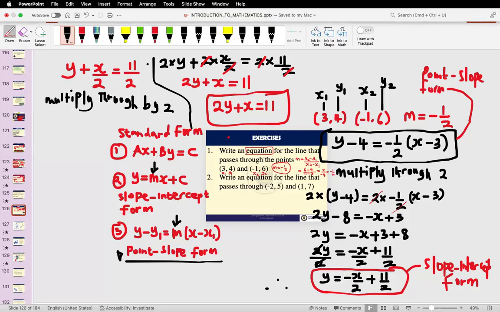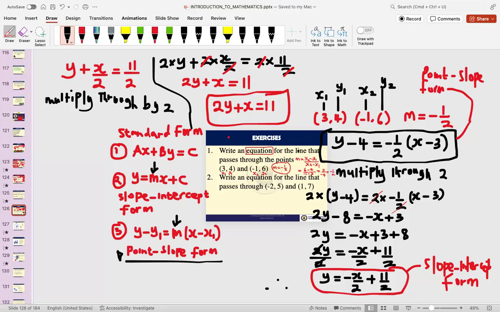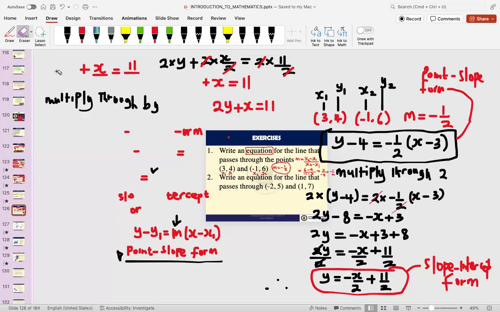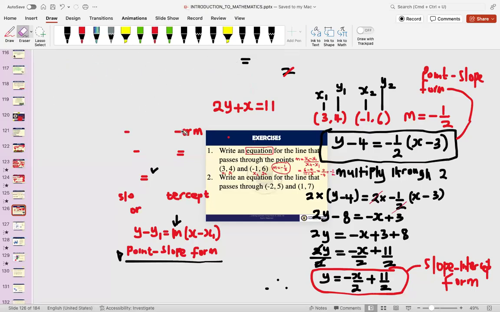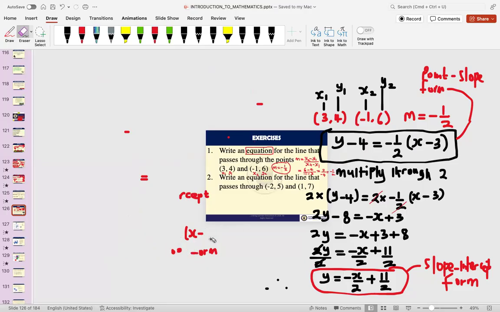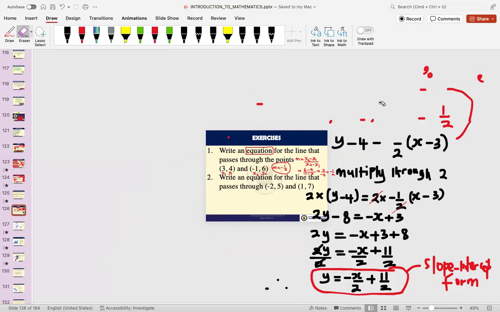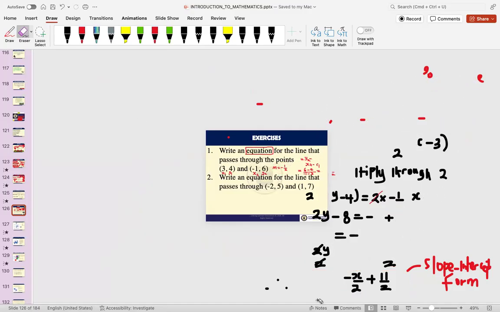Okay, so let me prepare the space for the second one. And then again, I'll give you the opportunity to ask any question to clear your mind in terms of the three forms: standard form, slope-intercept form, and then the point-slope form.